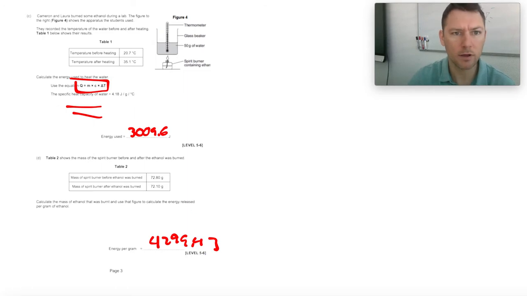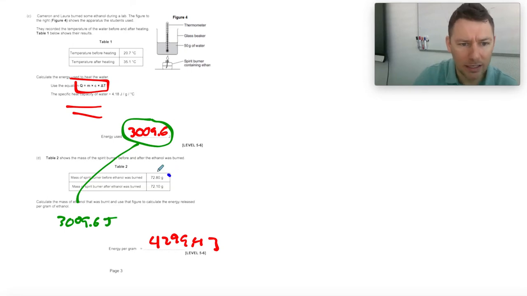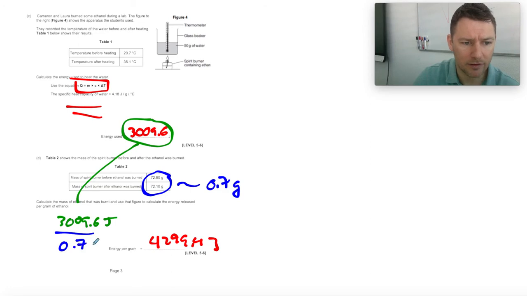You took this number and you said, all right, we got 3,009.6 joules out by burning this much fuel, which is 0.7 grams if you subtract, right? So you're going to say this divided by 0.7 grams, and that gives you this piece. Cool?